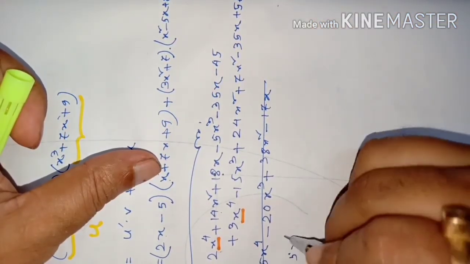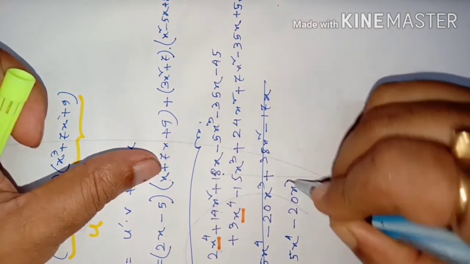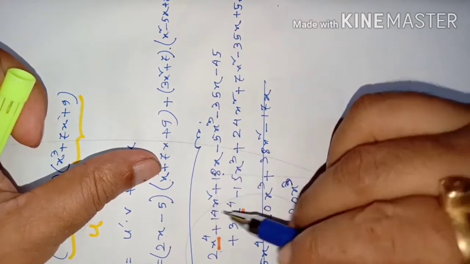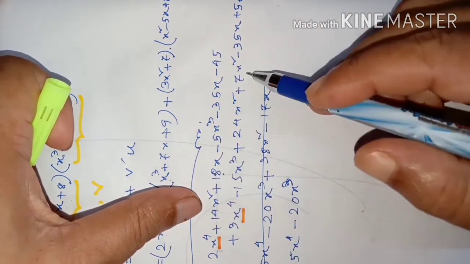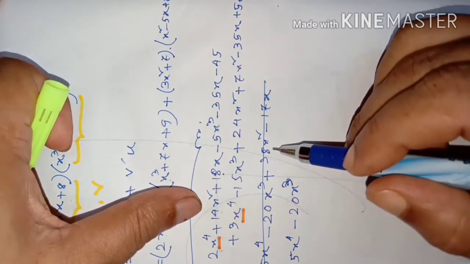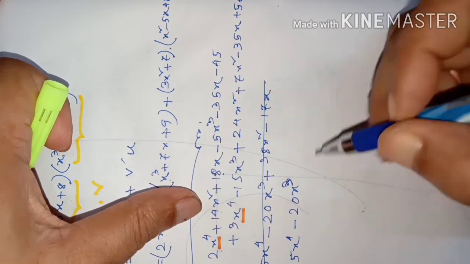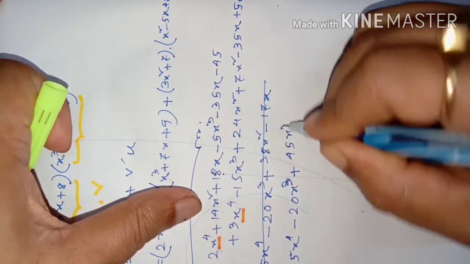5x to the power 4, minus 20x cube, and x square will increase now because x square here 14 times, here 24 times, here 7 times. So already x square was 38 times, plus 7 times is increased, so 45x square.